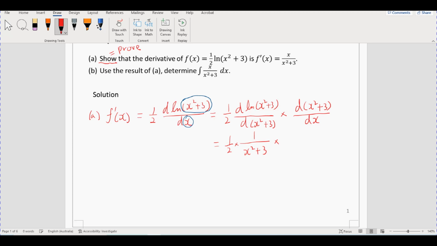How about the other one? It's just 2x. I trust most of you can do it, right? And then you will get x over x squared plus 3. If you need some time to think about this, you can ask the teacher to pause the video to let you think about this. All right.